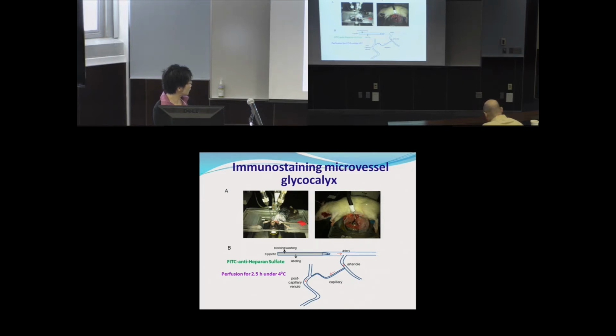We use a micropipette with two lumens, a theta pipette. The tip of the theta pipette is roughly 30 micron or less. This one is only like 20 micron. One lumen of the pipette we fill with the blocking solution or washout solution, and the other side we fill with the fluorescein-labeled anti-heparan sulfate.